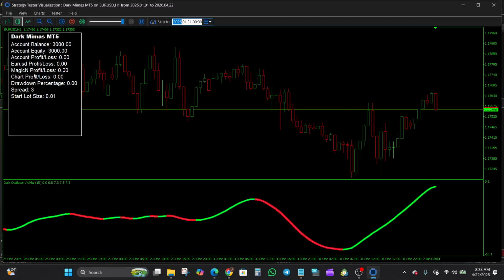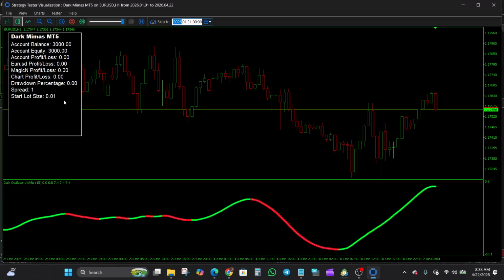And you can also see the magic number profit and loss, the chart profit and loss. Okay, and then we have the drawdown percentage and the spread, the lot size. Okay, so these are important information that are being displayed here on this dashboard. And don't forget that one of the things that affects drawdown is the lot size being used.